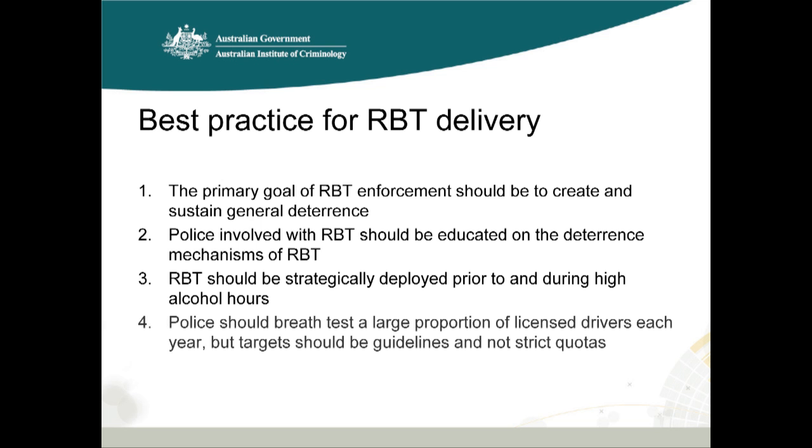The fourth guideline is that police should breath test a large proportion of licensed drivers each year, but targets should be implemented as guidelines and not strict quotas. Recent research highlights that direct personal contact with breath testing has the most significant deterrent impact on drink driving, and therefore police should aim to breath test a large proportion of licensed drivers each year.